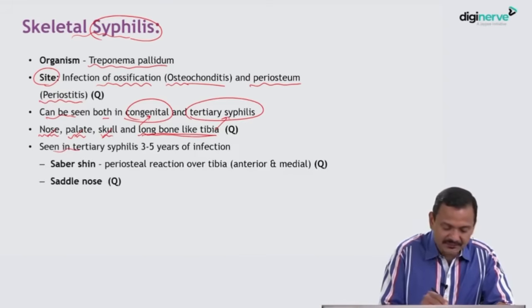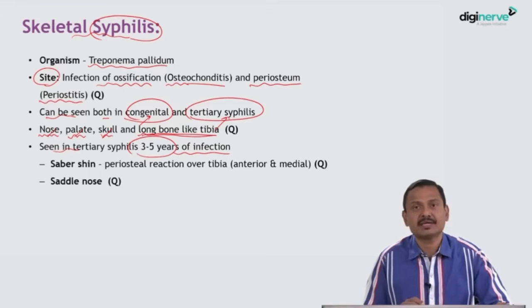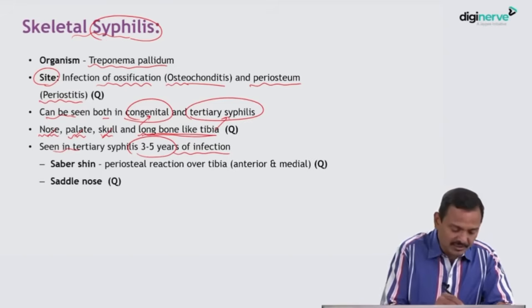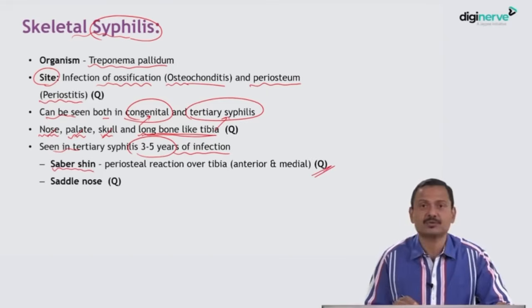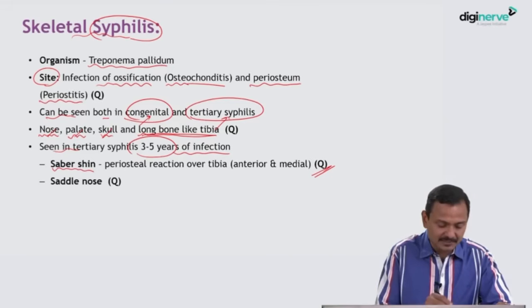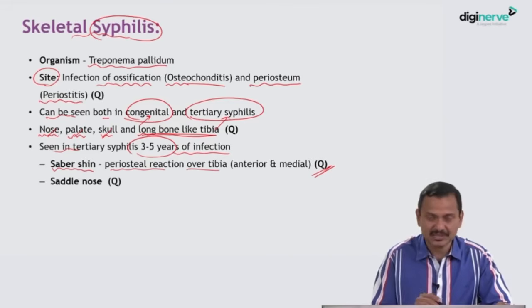Now, seen in tertiary syphilis, that is mostly 3 to 5 years after the infection. And what will be the chronic manifestation? The most common is saber shin. Okay, you have to remember, this can be a question. So saber shin is periosteal reaction over tibia, that is anterior and medial.